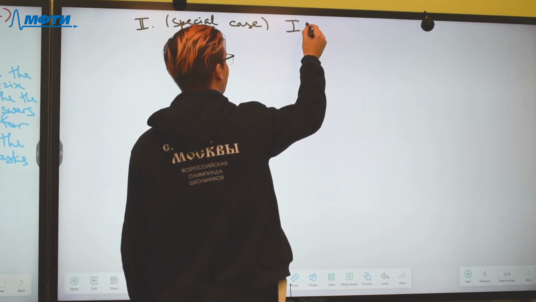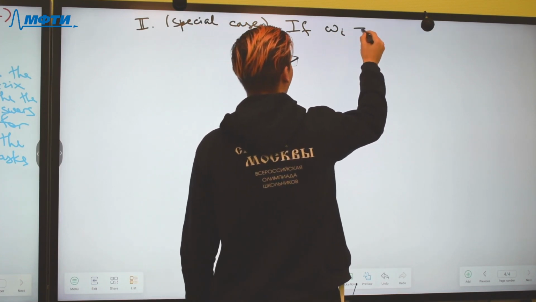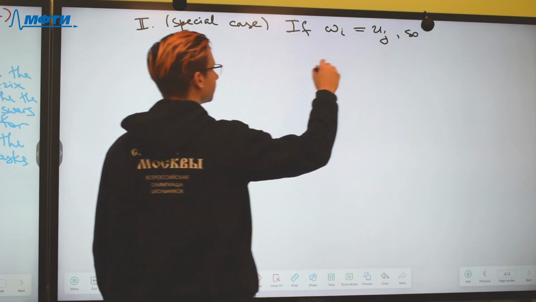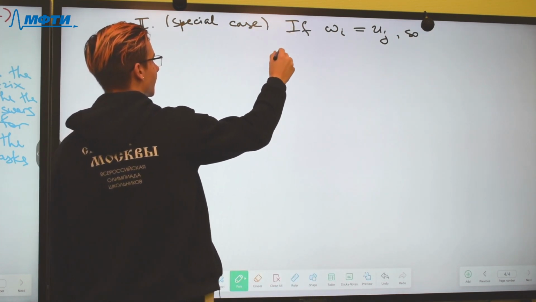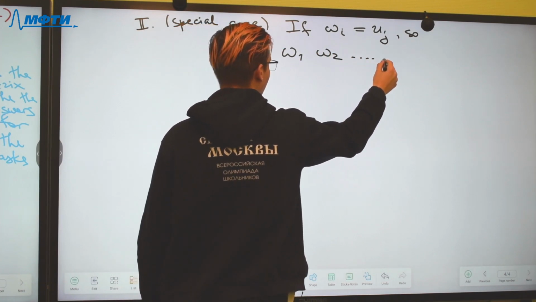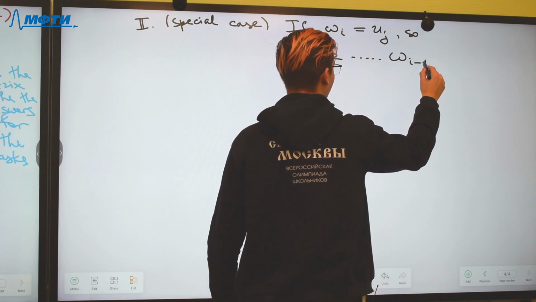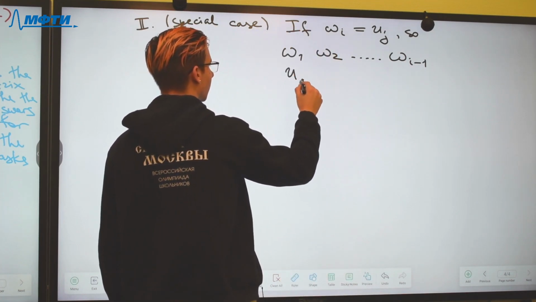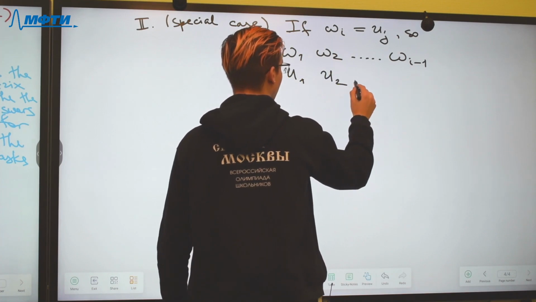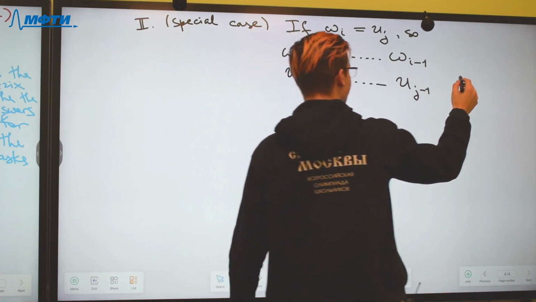If they are equal, so we can compare these words.